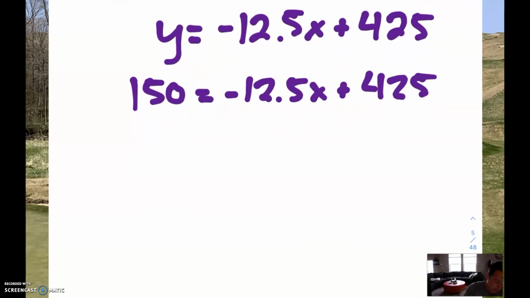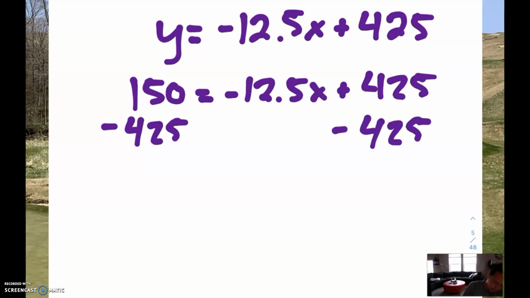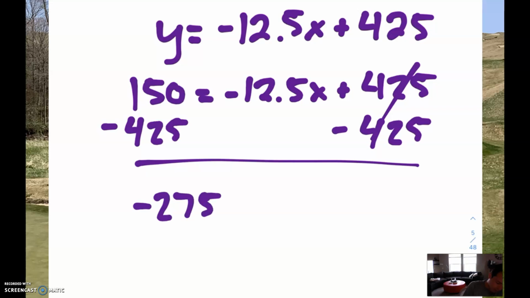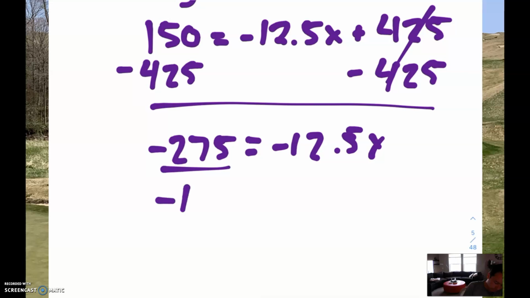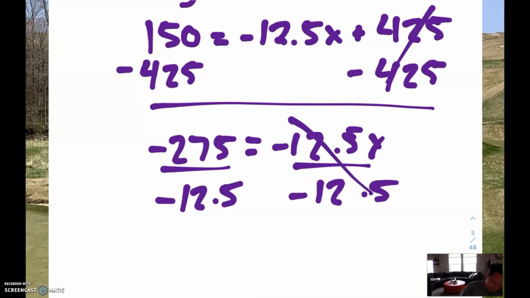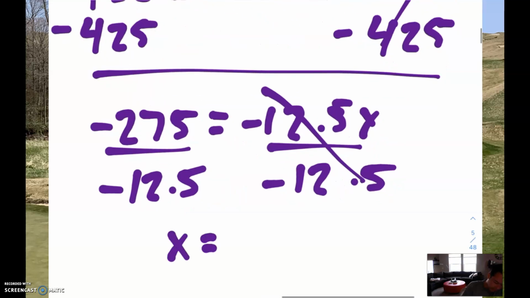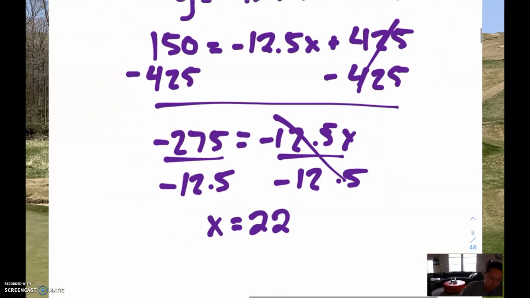And then we're going to subtract the 425 from both sides. So if we subtract 425, subtract 425, that gives us negative 275 equals negative 12.5x. And then we have to divide by negative 12.5. And we get an x value of 22.